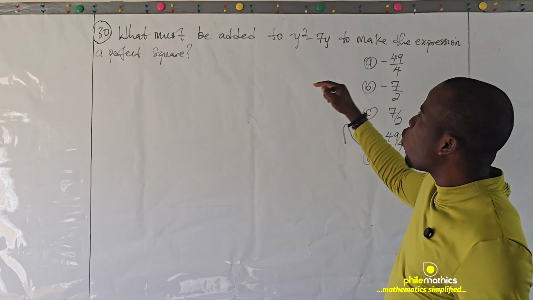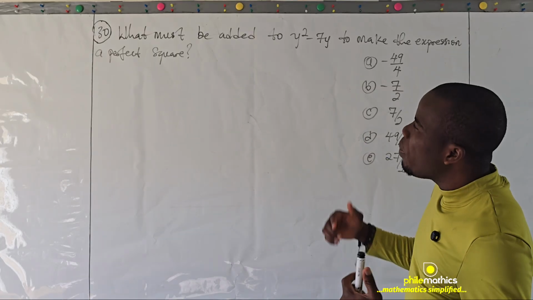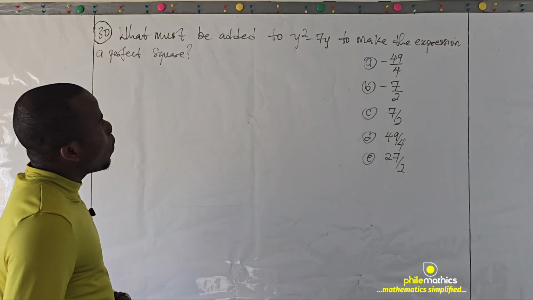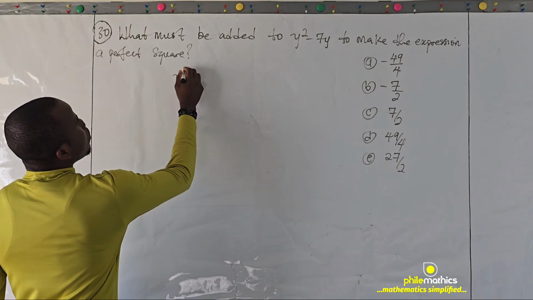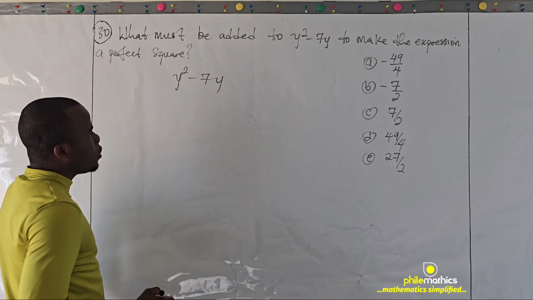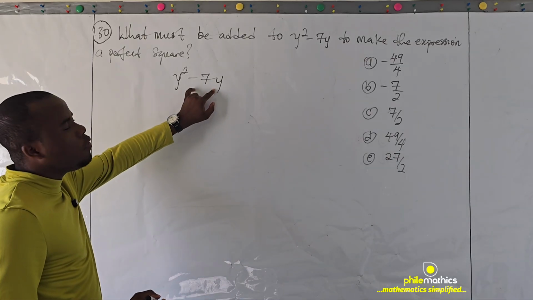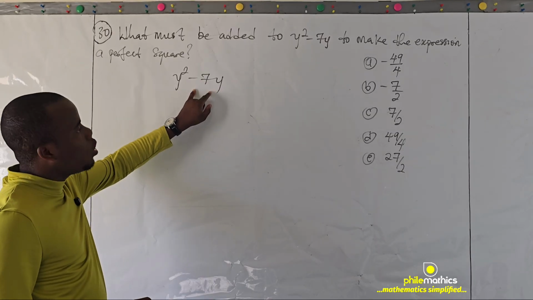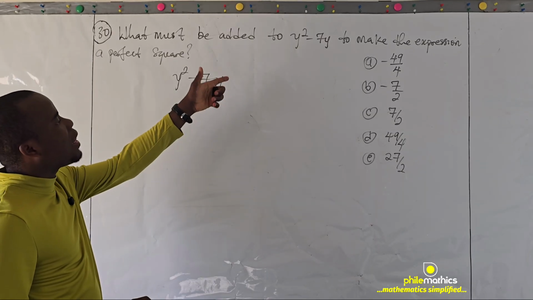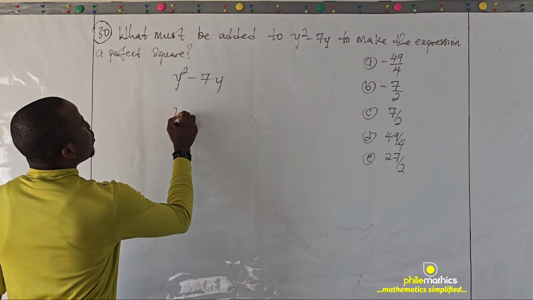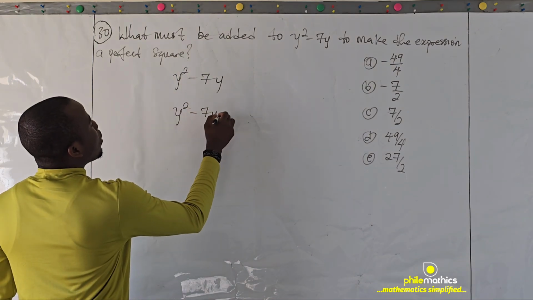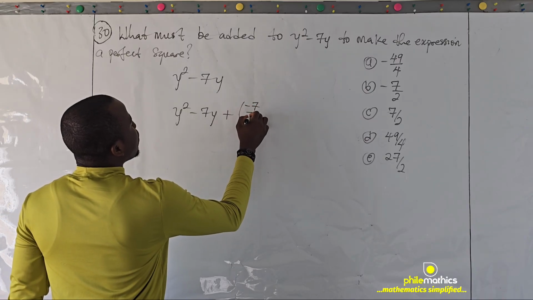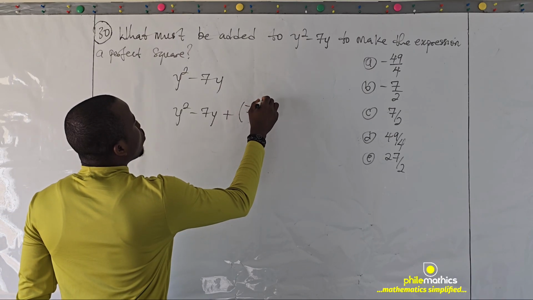What must be added to y squared minus 7y to make the expression a perfect square? And so, how we do this, y squared minus 7y, is take half the coefficient of y, which is minus 7 over 2, square it and add it to this. So this is y squared minus 7y, add minus 7 over 2 square.